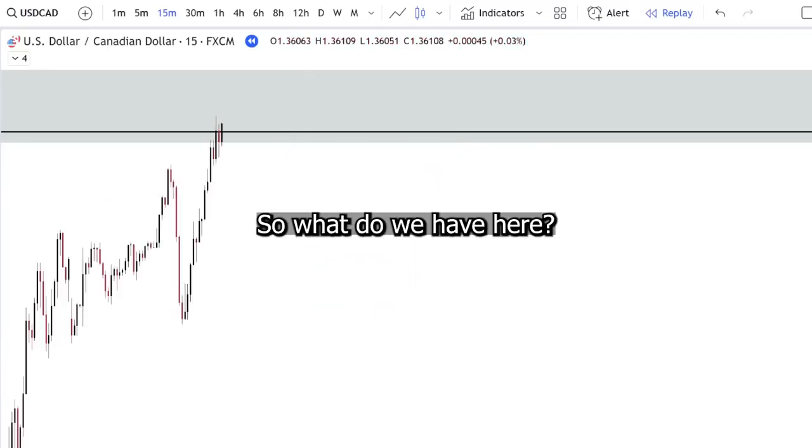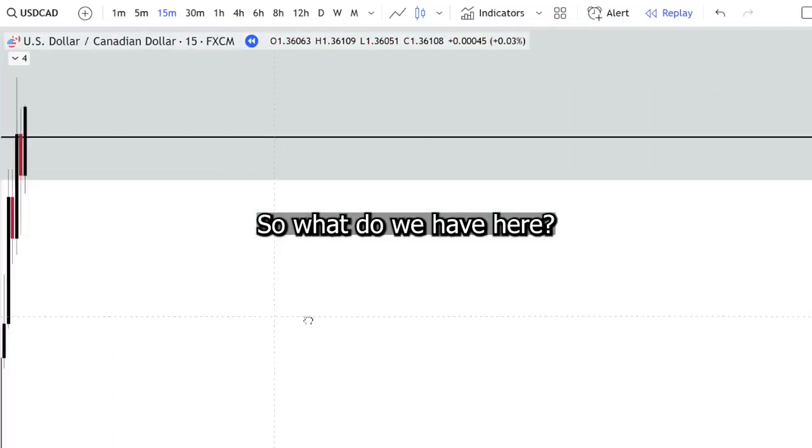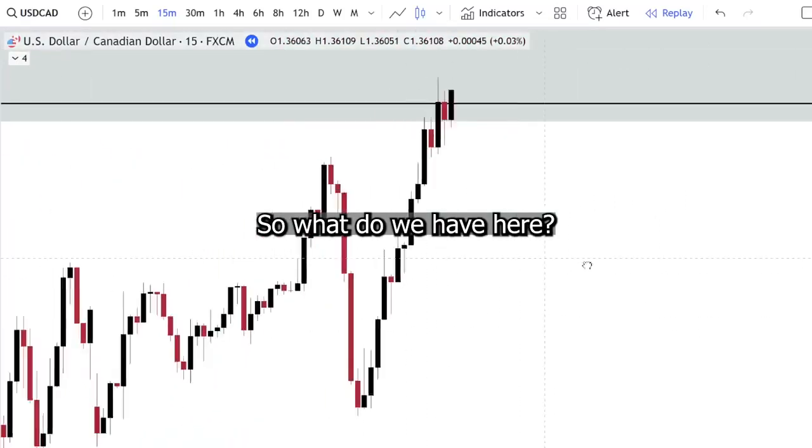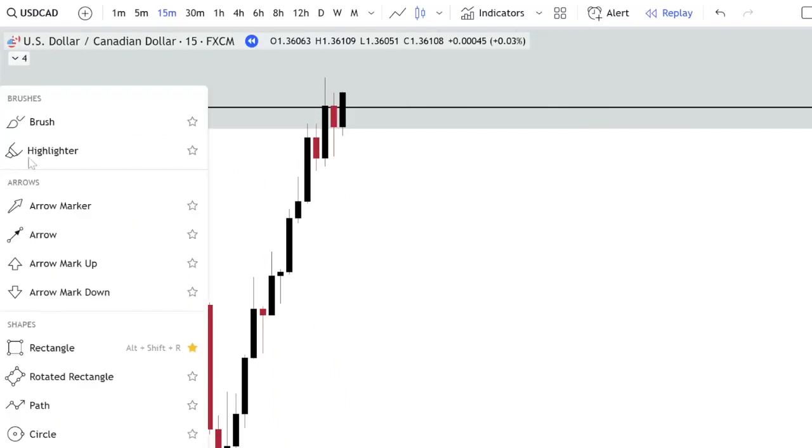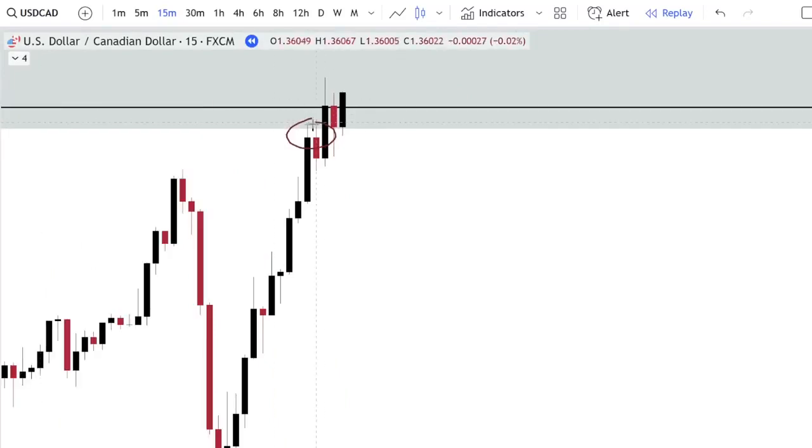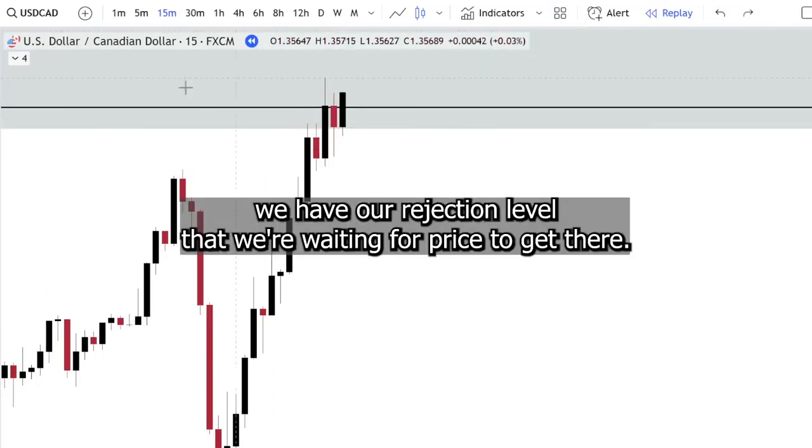So what do we have here? We had our false swing right here. So this is our false swing. So now automatically we have our rejection level that we're waiting for price to get under.